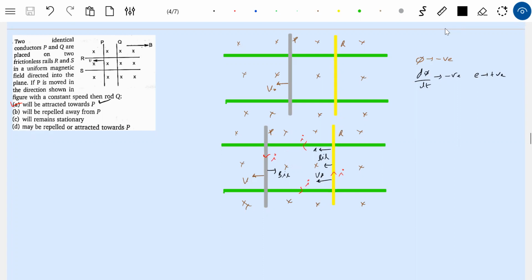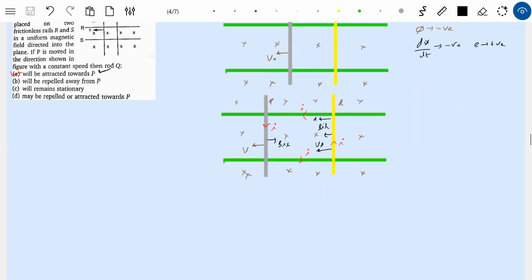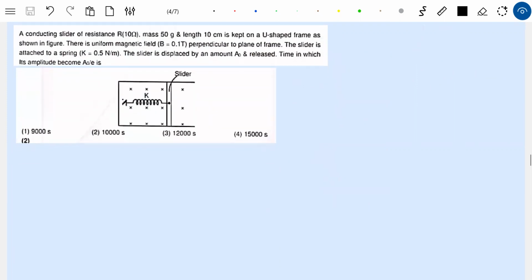For further analysis. The time in which the amplitude becomes A naught by e. This is A naught.